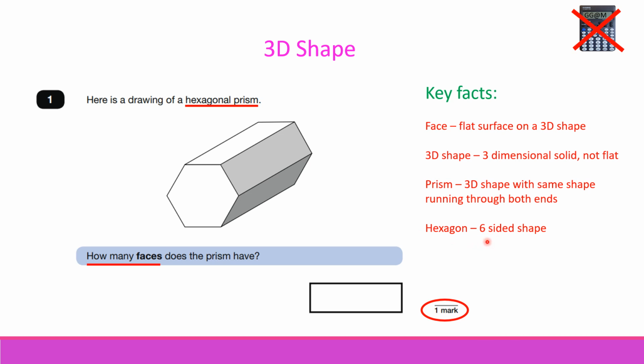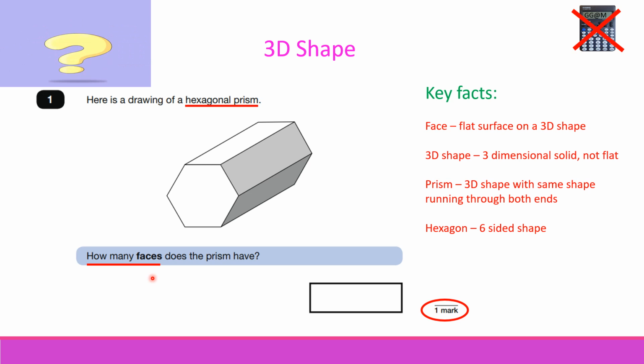And to help us remember that, if you write the number 6, S-I-X, 6 and hexagon have both got an X in them, so that will remind you that a hexagon is a 6-sided shape. Press pause, have a go at working out how many faces there are on the shape, and then press play when you're ready to hear the answer.